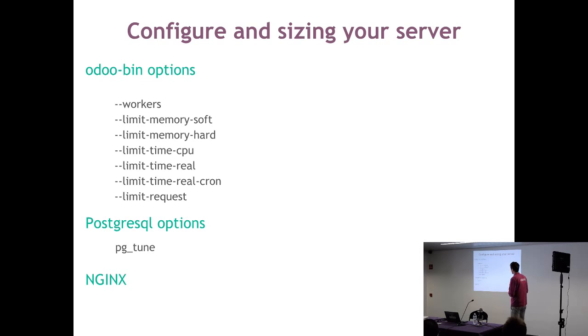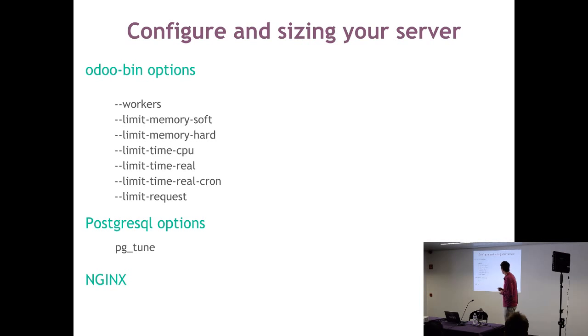How many workers can I really set? Because we say 6 users, but it really depends on the load of every user. Some users have a heavier load than others. It really depends on which kind of user you have. A portal user is not the same as, for example, an accountant who generates a general ledger.